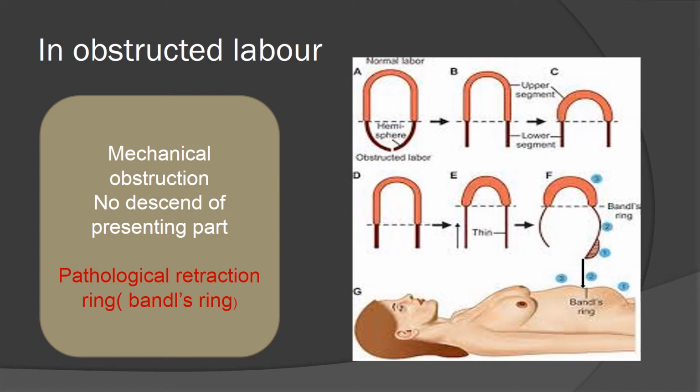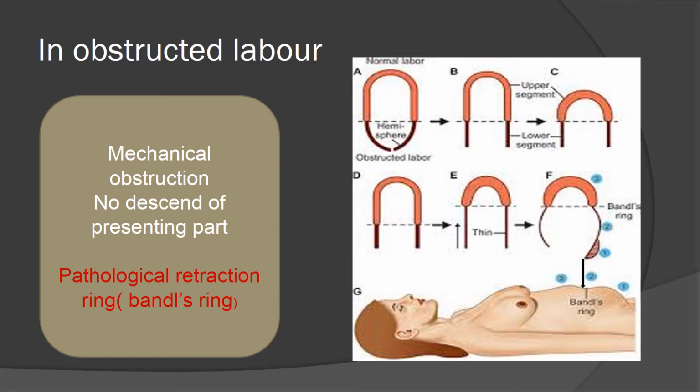But due to the impedance to the descent of the fetus, the stretching of the lower segment becomes maximum, and as the retraction and contraction continue, the demarcation between the upper segment and lower segment becomes so marked that it is visible in the abdomen. It may progressively rise above the symphysis pubis and may be visible even at the level of the umbilicus.